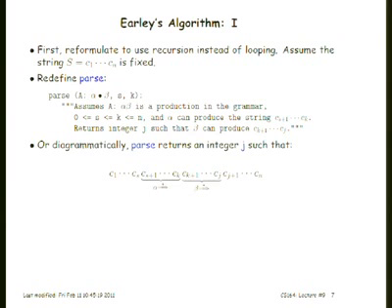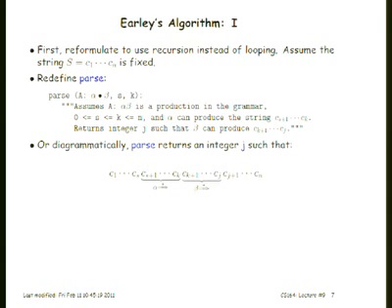So when I parse, I will parse not just a non-terminal, but a particular production, a particular rule from that non-terminal. And my function looks like this.